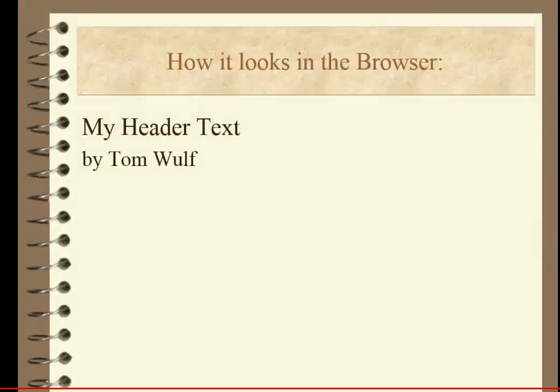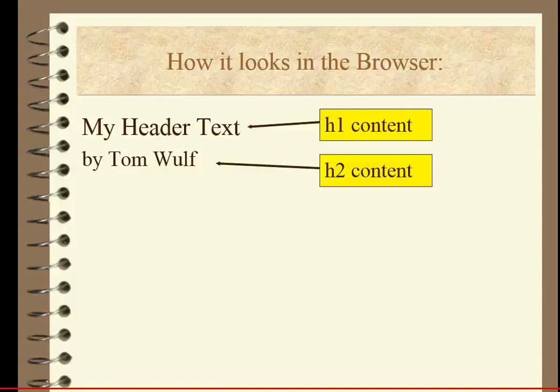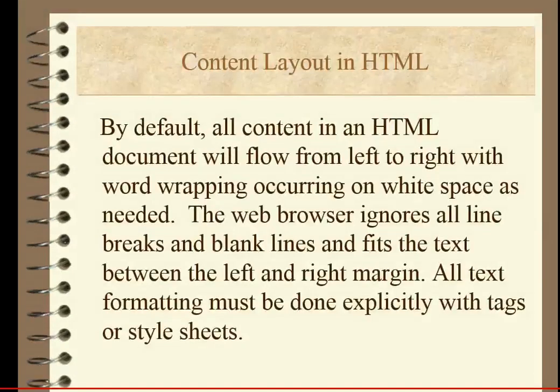Okay? They're different. So here's how this would look in the browser. My header text is H1, and then by Tom Wolfe is H2. And because these are both block elements, they appear on a separate line. If they were inline elements, they'd be right after one another in the browser. Okay? So here we go. H1 content, H2 content.